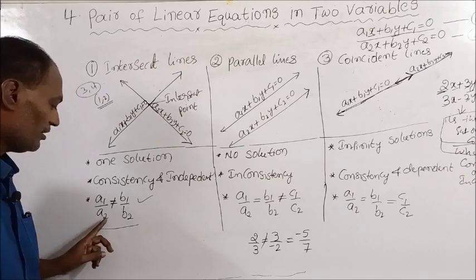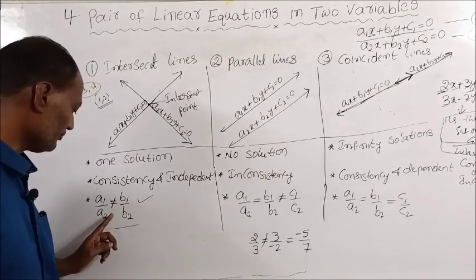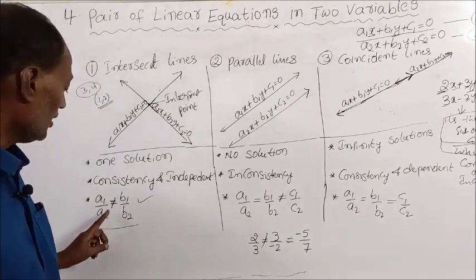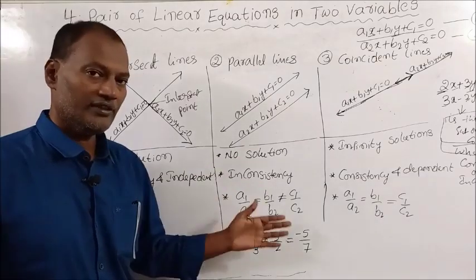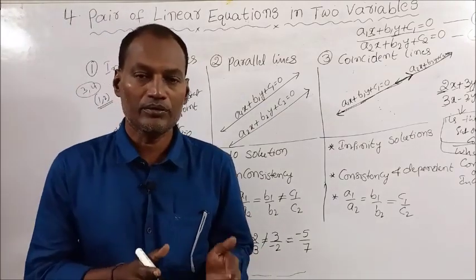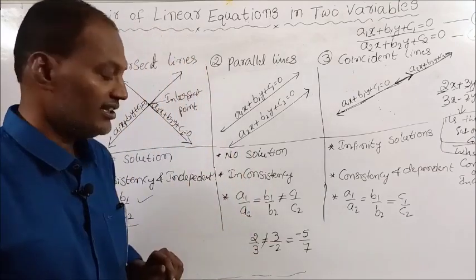If a1 by a2 is not equal to b1 by b2, it is called intersecting lines.